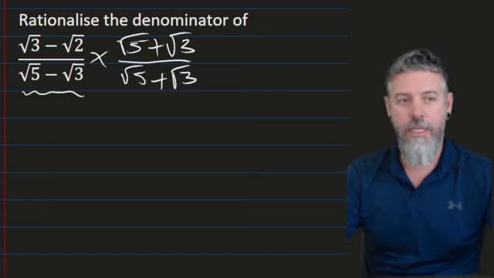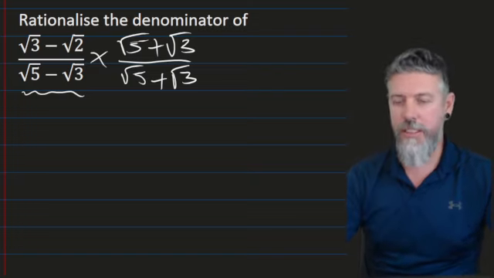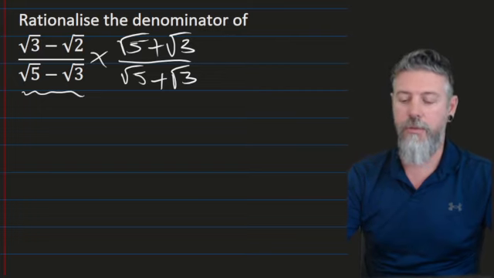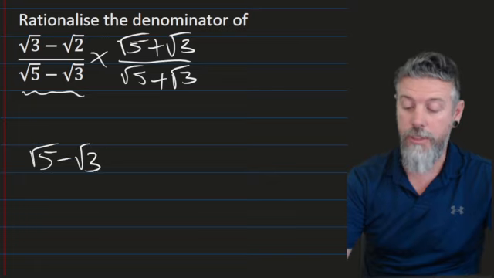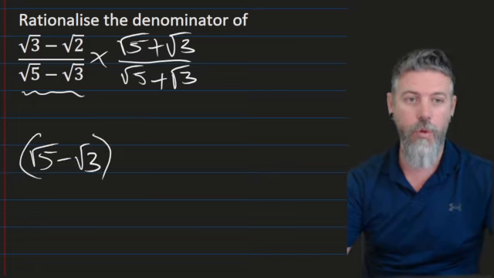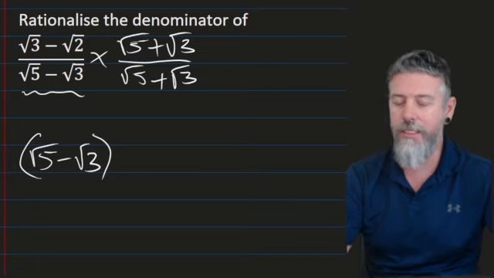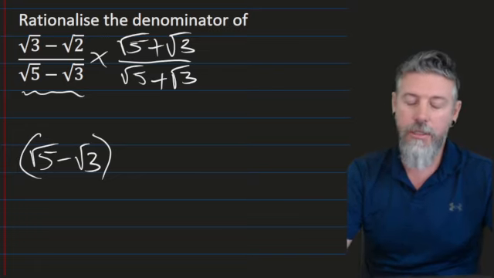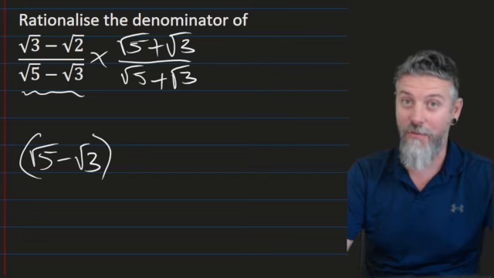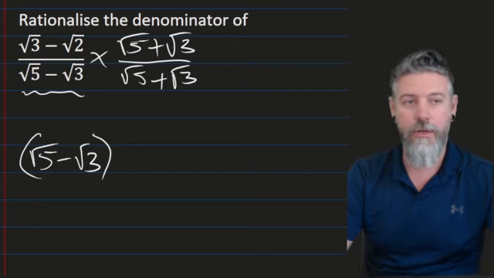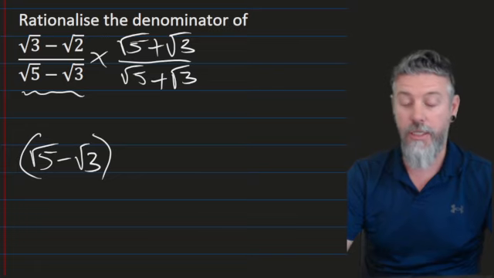So I'm going to look now at the denominator. I'm just going to take it separately just to show you exactly what it is that we've done and achieved here. So we've got root 5 minus root 3 essentially as one term. Now I've put that in brackets, and that's completely okay, because in the fraction, that bar in the middle, which is my favorite word in mathematics, the vinculum, is actually grouping those terms together.